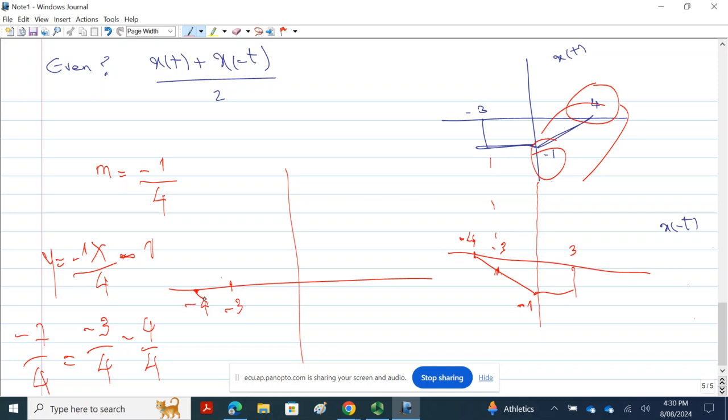And then I'm gonna draw this line. This point is gonna be minus 7/4. It's easier with my iPad. And now I have to add this one, which is 4/4, and then it's gonna be minus 11/4.